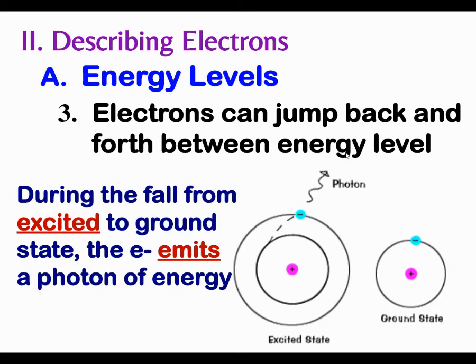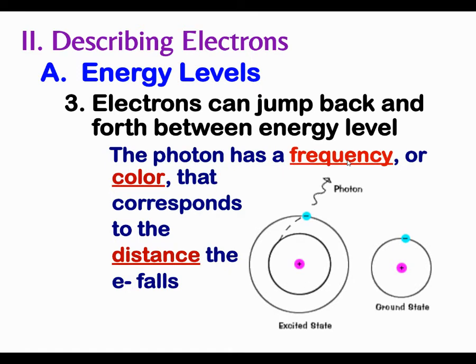We've been talking about how different elements have different light emissions because of how their electrons jump back and forth between their excited state and their ground state. The photon is gained as it goes from the ground state to the excited state, and it is lost, or pushed off and made visible, when it goes from the excited state back down to the ground state.